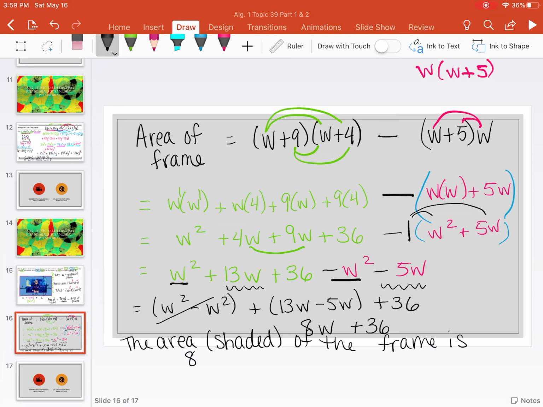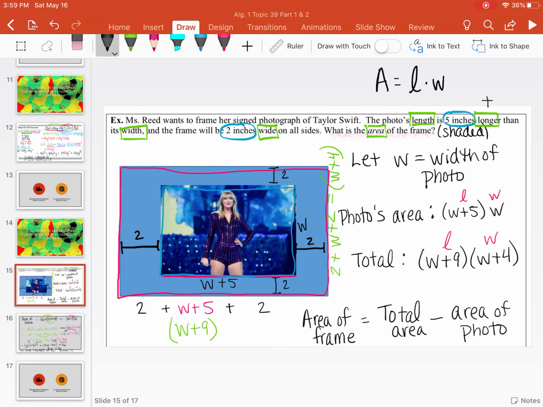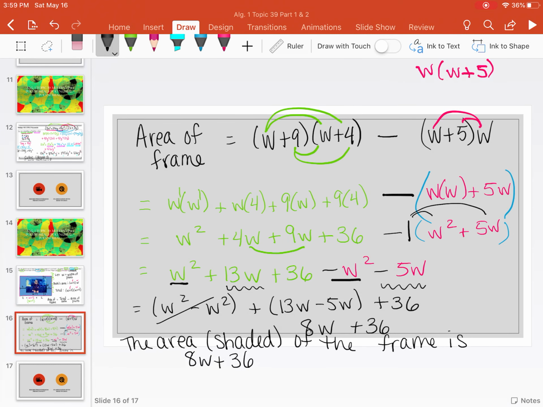is 8W plus 36. Now here, again, since we're dealing with the area, we have to keep in mind our units. What we circled before is we're dealing with inches. So this is going to be 8W plus 36 inches.